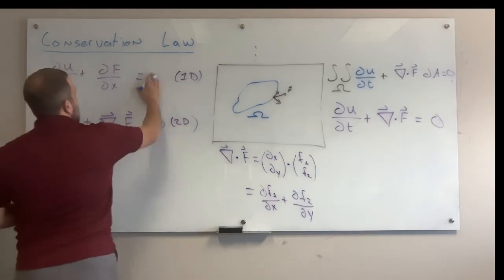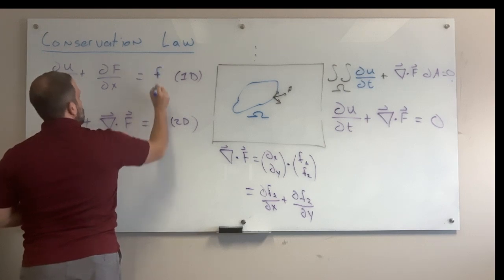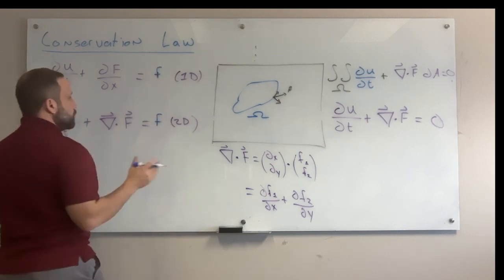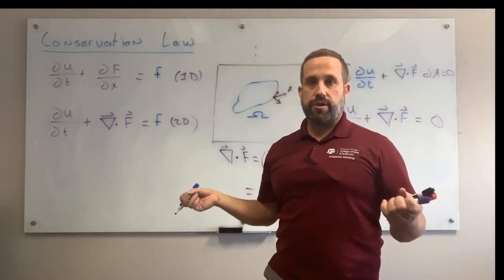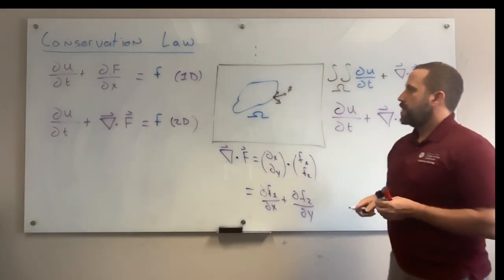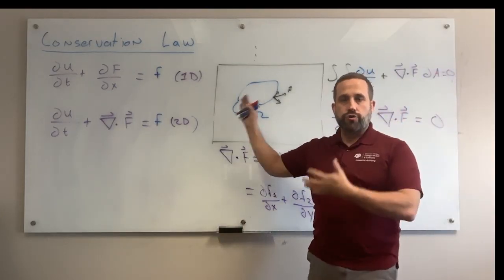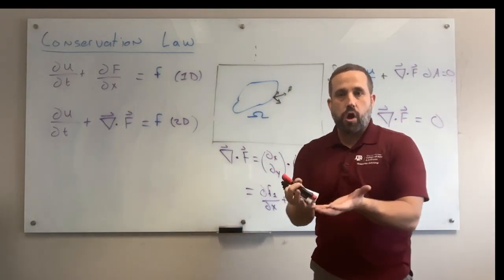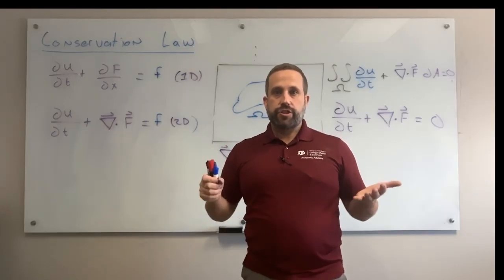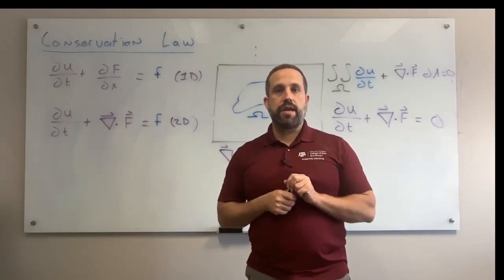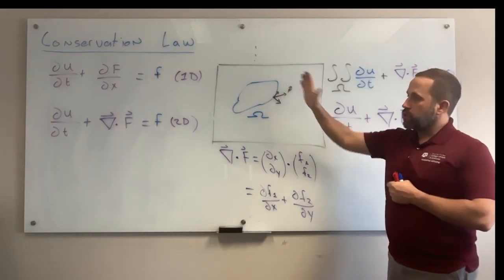For both of these, we can also add a force term, or not a force term, but some sort of external source or sink term. I want to point out that these things are true no matter what we're modeling, as long as we're modeling a quantity of something that is conserved, which is basically everything that we're modeling. As long as we're modeling something like that, these are going to work out.